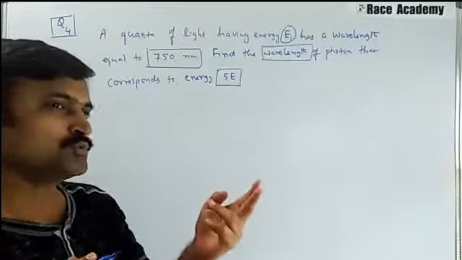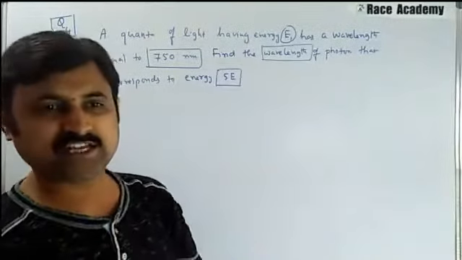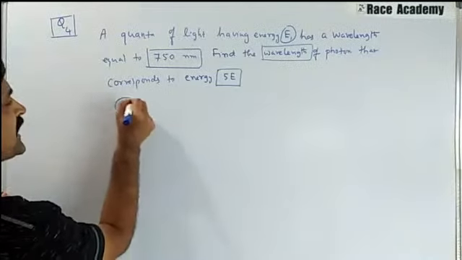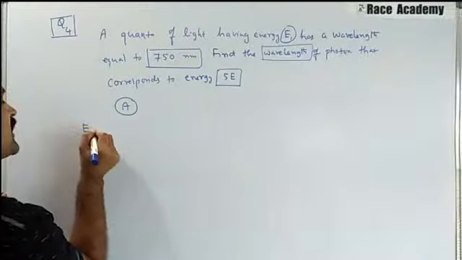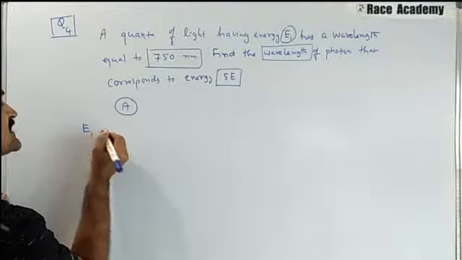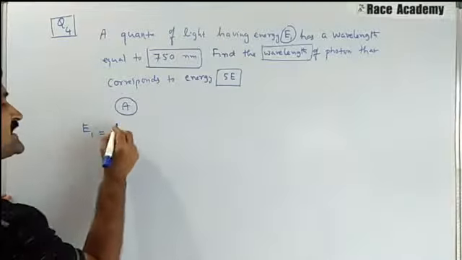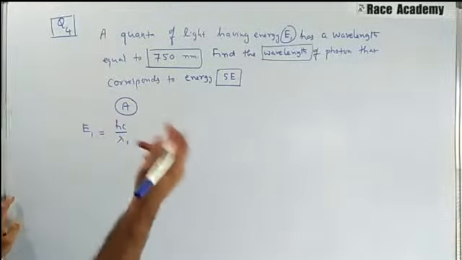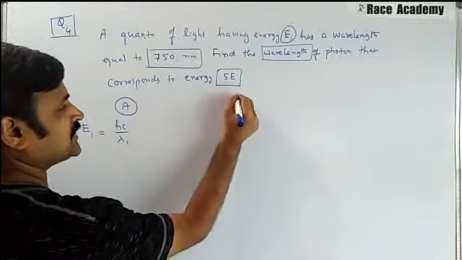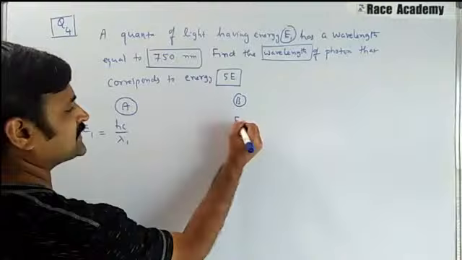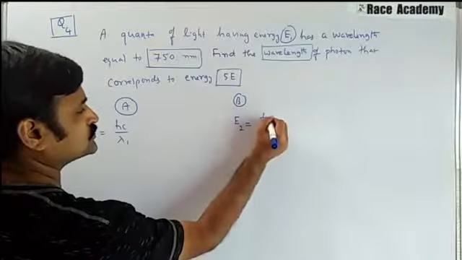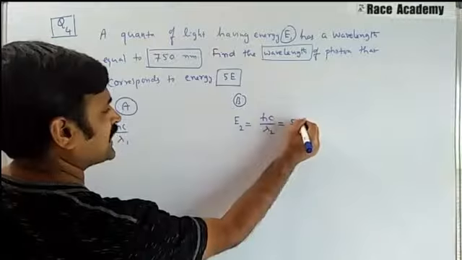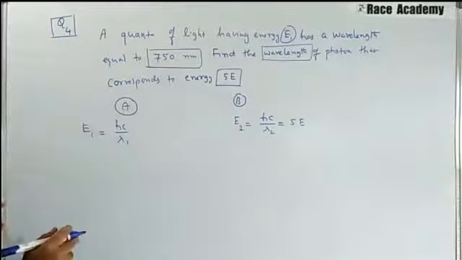So we have two energies relation. Taking the first one as quanta A, its energy E1 can be written as E1 is equal to hc by lambda 1. The second one, B, is the quanta with E2 equal to hc by lambda 2, that is equal to 5E, 5 times the first one.